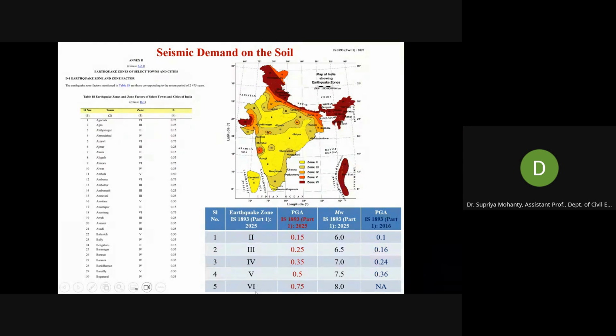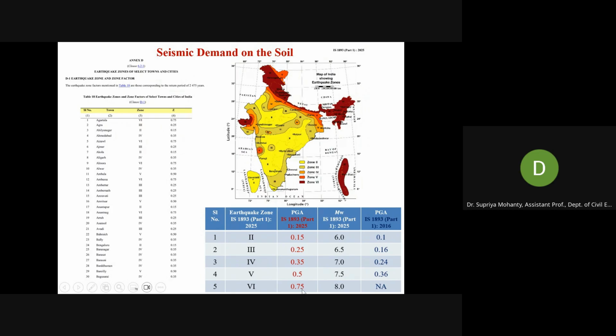Here we have zones 2, 3, 4, 5, and 6 in 2025, and the corresponding PGA for zone 2 is 0.15, zone 3 is 0.25, zone 4 is 0.35, zone 5 is 0.5, and for zone 6, particularly this dark maroon color region, completely the Andaman Nicobar and the northeast northern part of India, and this portion is also zone 6. So for that region, we need to consider 0.75 g.